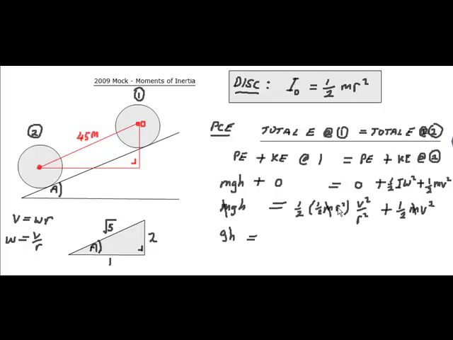So the r squared cancels, and we just get v squared over 4 and v squared over 2. So that's 3/4 v squared.